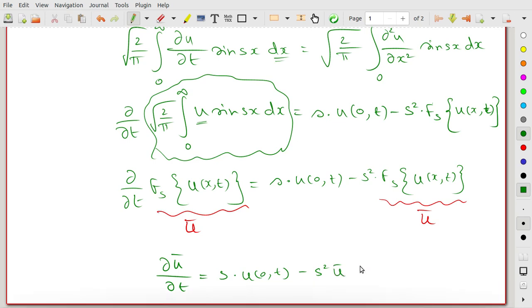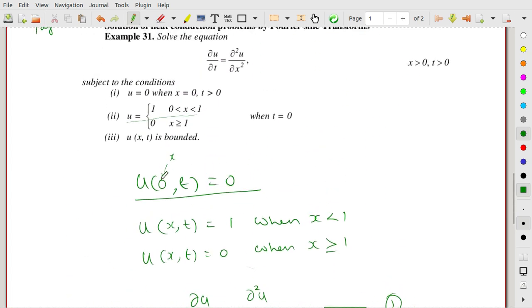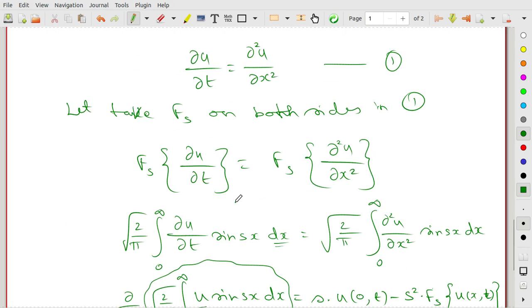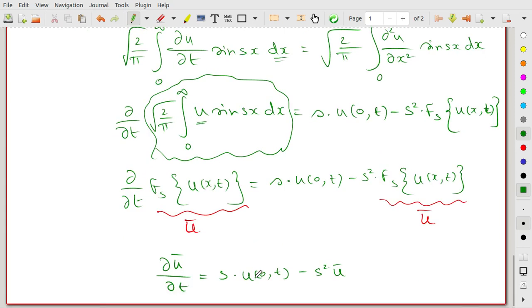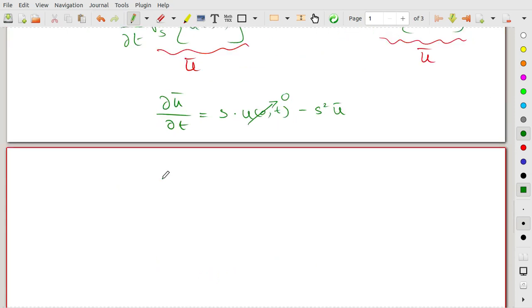So this is our equation, and it is given in the problem that u of 0 comma t is 0. Therefore we can substitute 0 here, and since this is 0, the whole term is 0. Therefore we have dou u bar by dou t equals minus s square u bar, or dou u bar by dou t plus s square u bar equals 0.